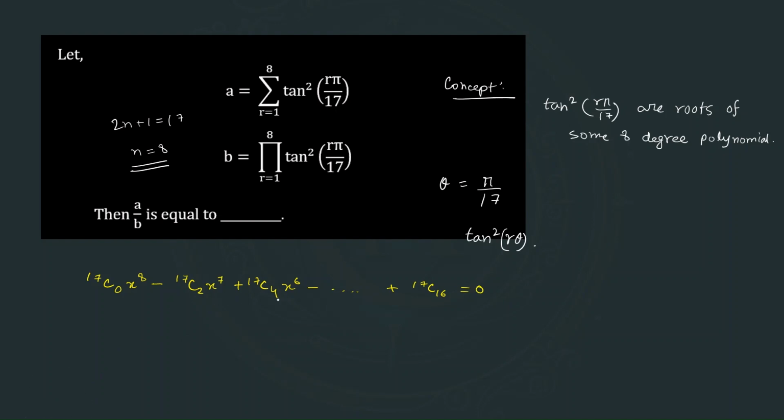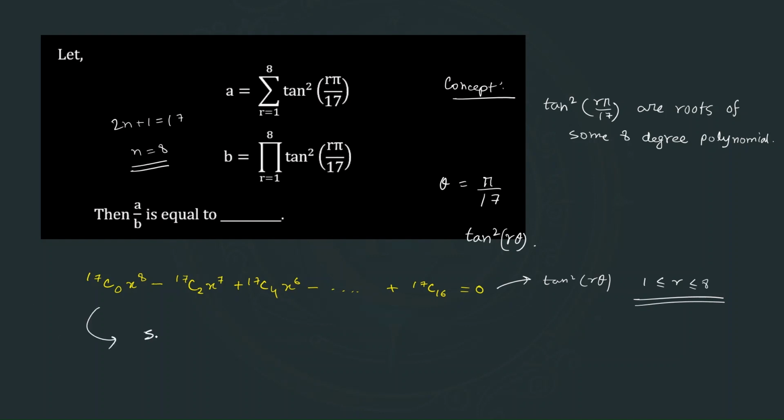So now we can say the roots are tan square r theta, where r varies from 1 to 8. That means the 8 distinct real roots of this equation are tan square pi by 17, tan square 2 pi by 17, and so on up to tan square 8 pi by 17.